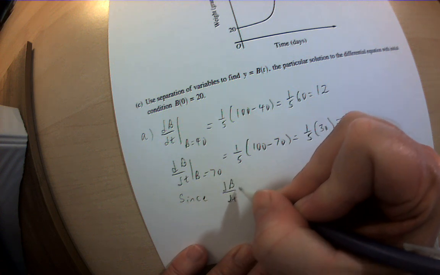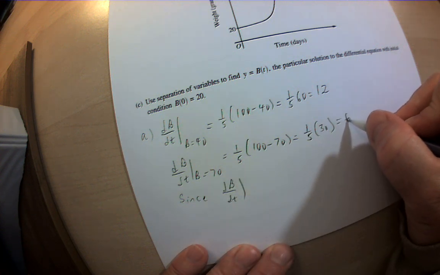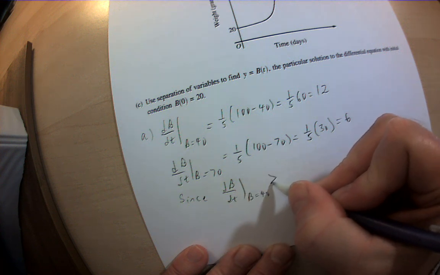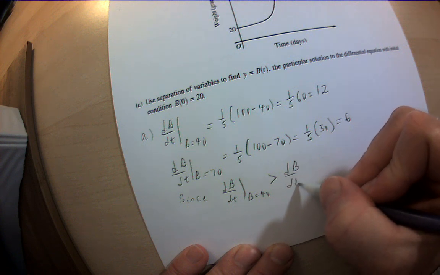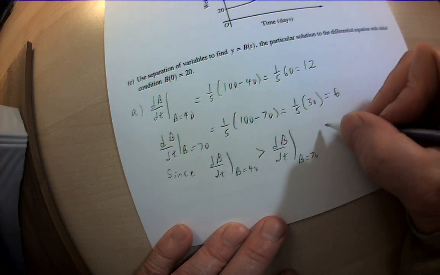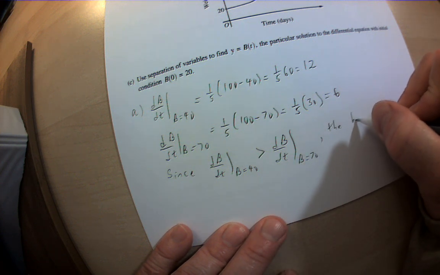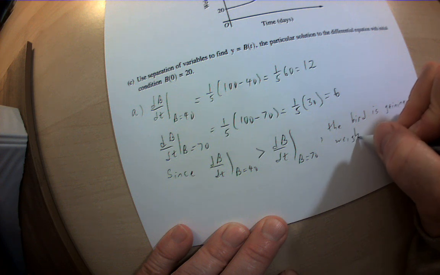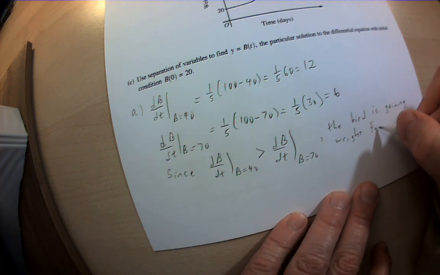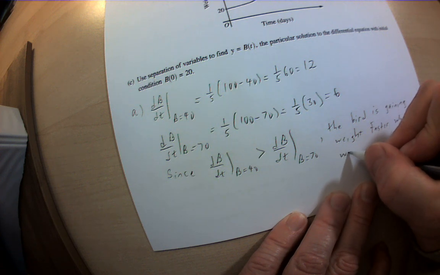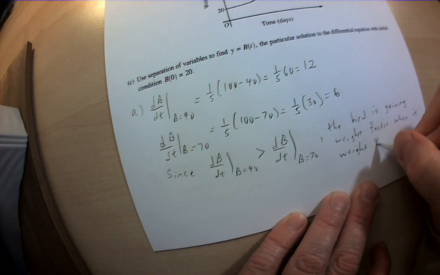So since dB/dt when B equals 40 is greater than dB/dt when B equals 70, the bird is gaining weight faster when it weighs 40 grams.